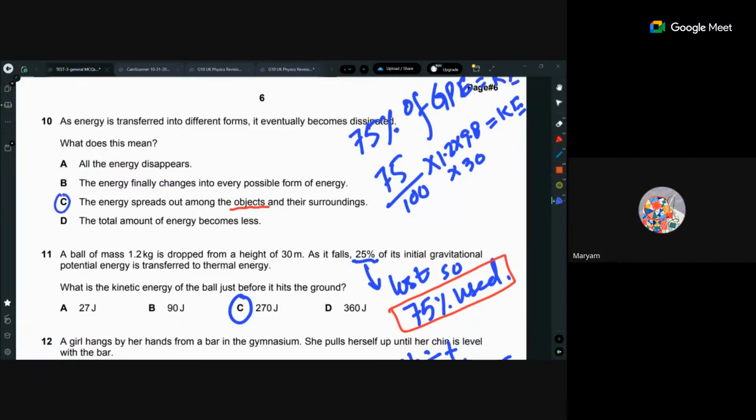Now explain the point behind it. Actually, why C is correct is because it is said that energy finally changes into every possible energy. For example, I'm going to drop a ball from the top. From the top, it has gravitational potential energy.